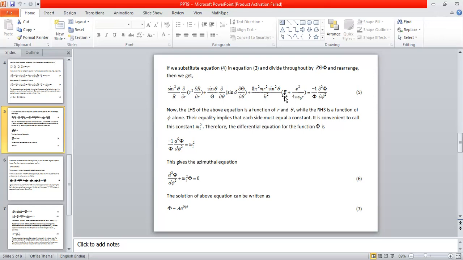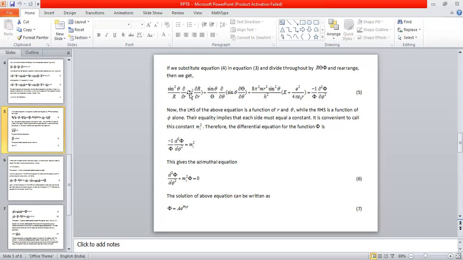Capital E is the energy of the hydrogen atom. Small e is the charge of the electron. Capital Theta is a function of the coordinate small theta. Similarly, capital R is a function of small r. And on the right side, we have a term minus 1 by Phi, d square Phi by d phi square. Capital Phi is a pure function of phi.